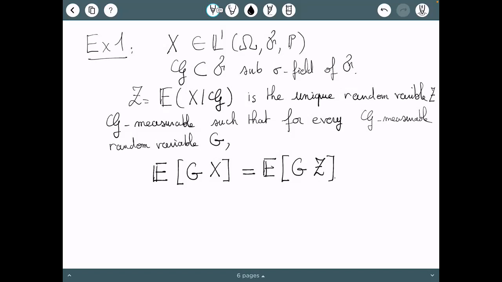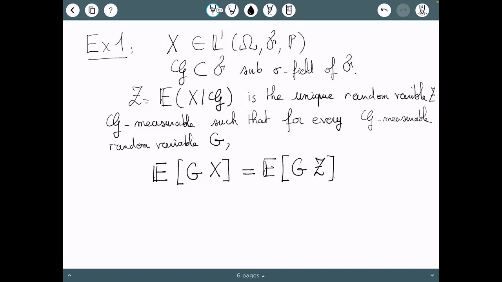And here we should have something like a derivative. Yes, I agree. That is for discrete random variables. But the more general theory is when, for example, X is a random variable which has a density with respect to the Lebesgue measure, and G is generated by continuous random variables, not discrete ones.